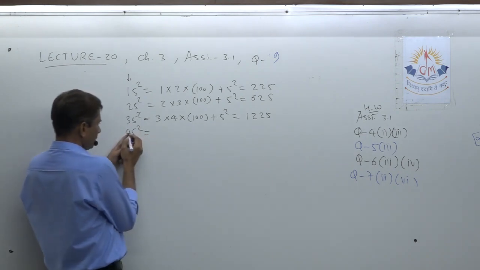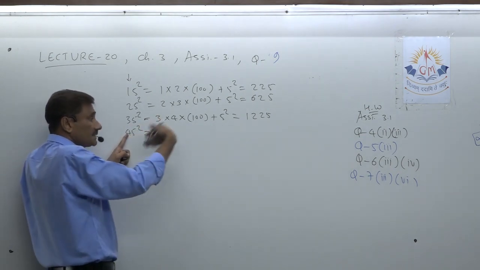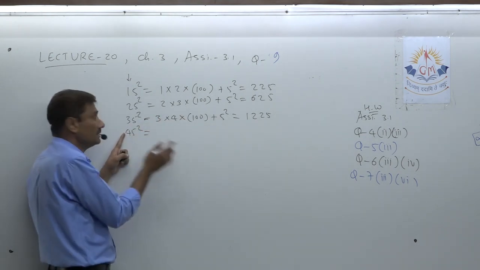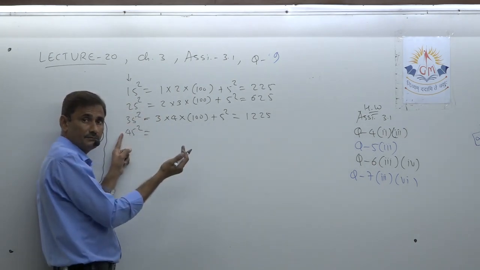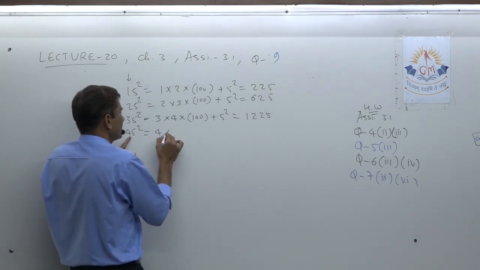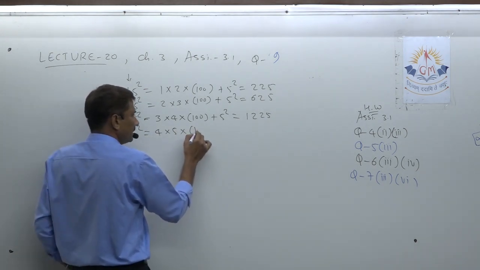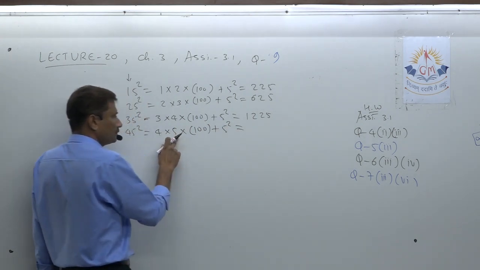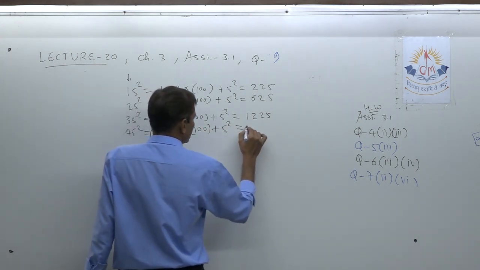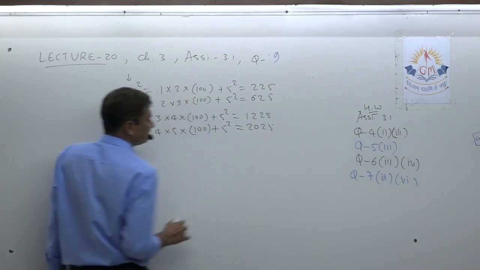Here 4, whatever number is there, multiply by the successive number, the next number. So 3 is multiplied by 4, 2 by 3, next numbers multiply. So here is 4, so the next number is 5, into 100 every time, plus 5 square every time. So 5 fours are 20, means 2025.